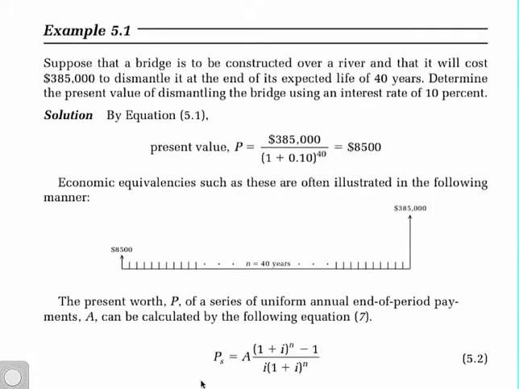Let's look at the example. Suppose we have a bridge to be constructed over a river, and it will cost 385,000 to dismantle it at the end of its expected life of 40 years.